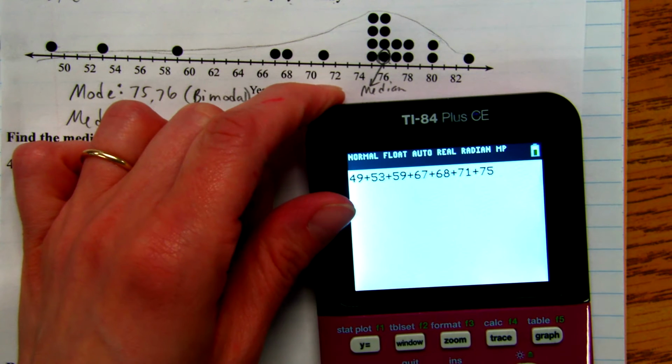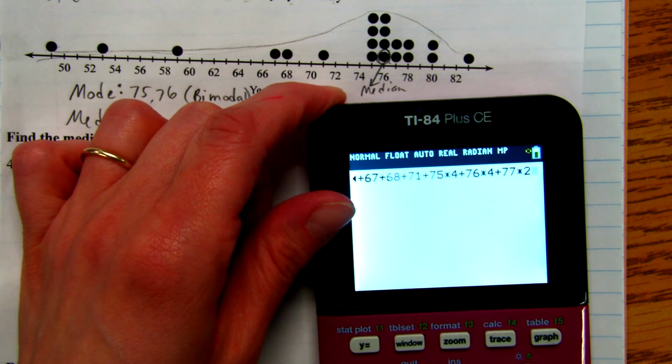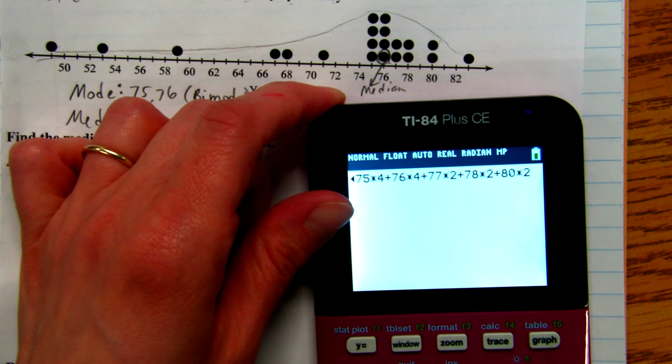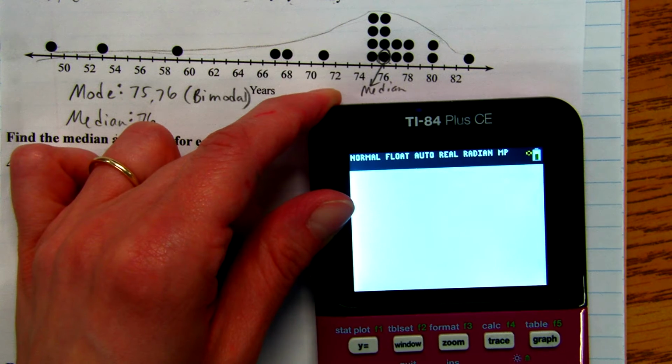So I'm going to take 75 times 4. We have 4 76s, so 76 times 4. We have 2 77s, 77 times 2, 78 times 2, plus 80 times 2, plus 83. You could enter all the numbers in separately if you're more comfortable with that.